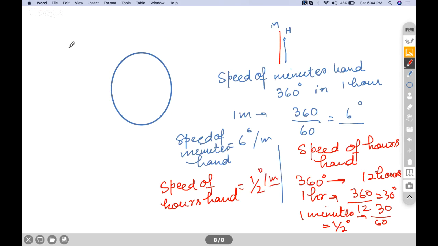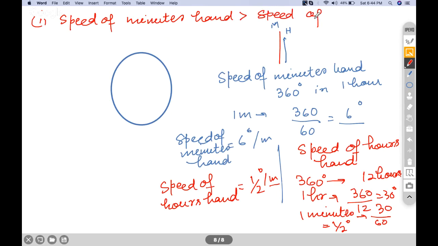So I am making a statement, which is speed of minutes hand is greater than speed of hours hand.